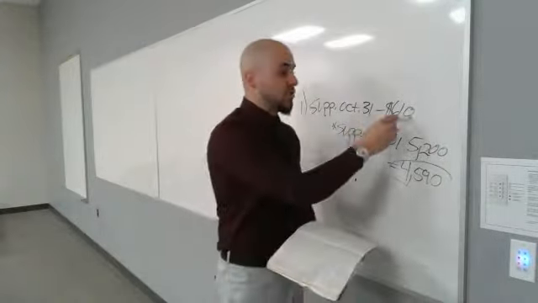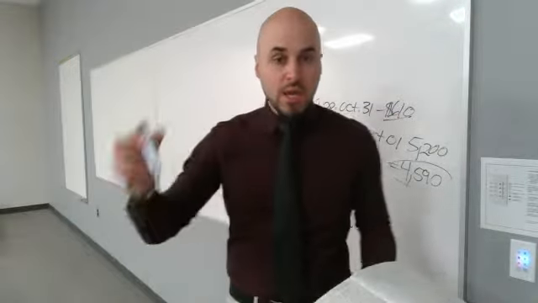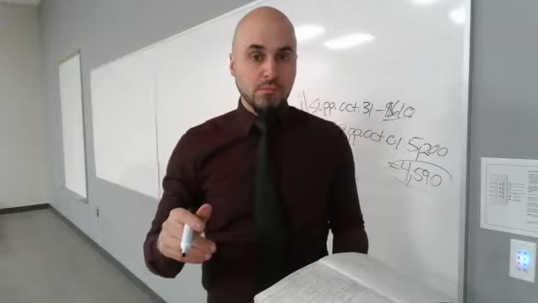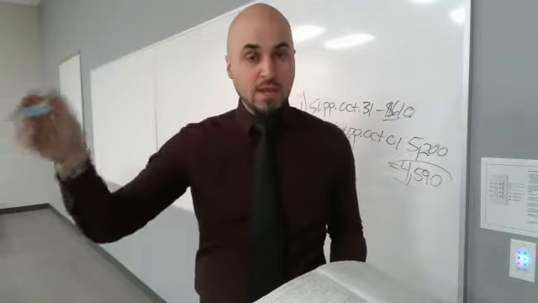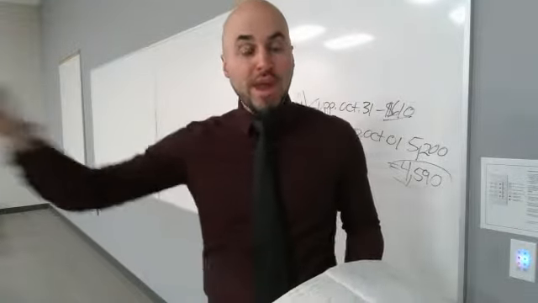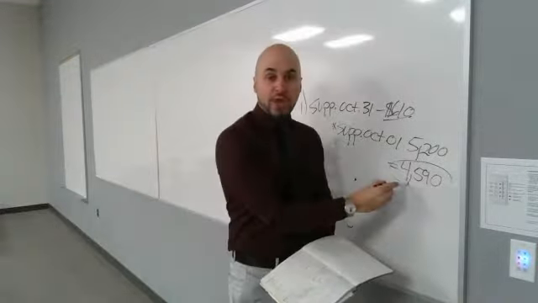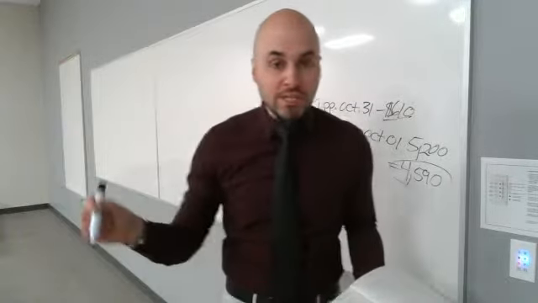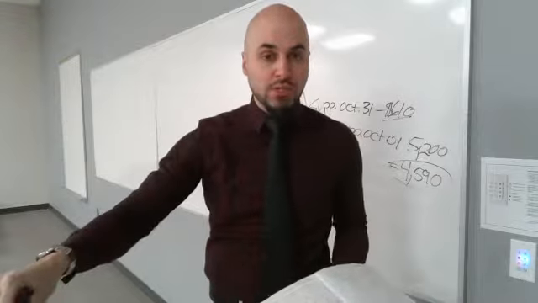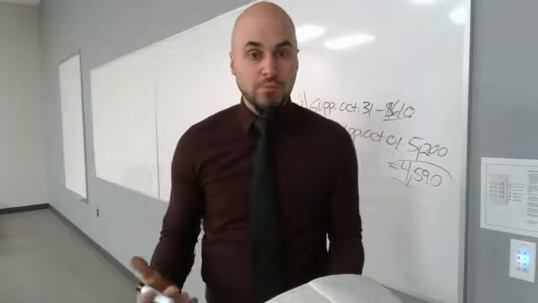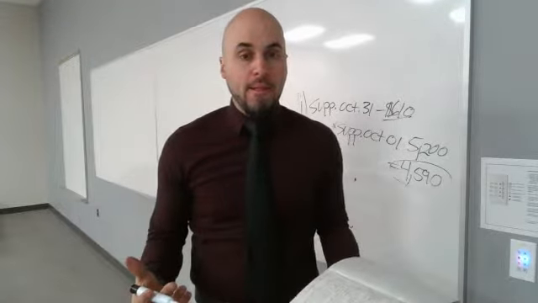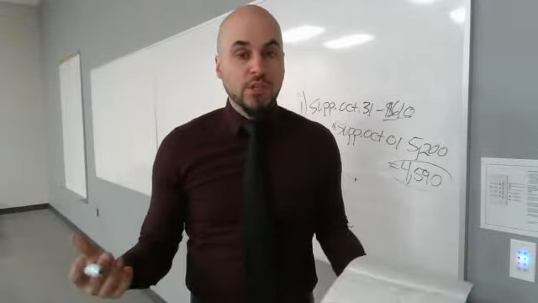The 610 still is remaining in that supplies account, and that will show after we do the next ledger update, which is going to the supplies asset and crediting it for the same 4,590. Crediting it for the 4,590 to show that the asset is decreasing because it's been used. All right? And now you've adjusted for supplies.